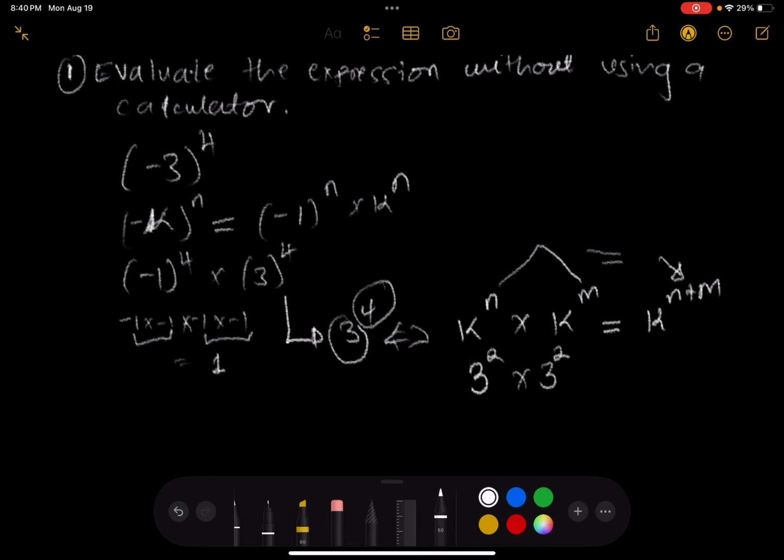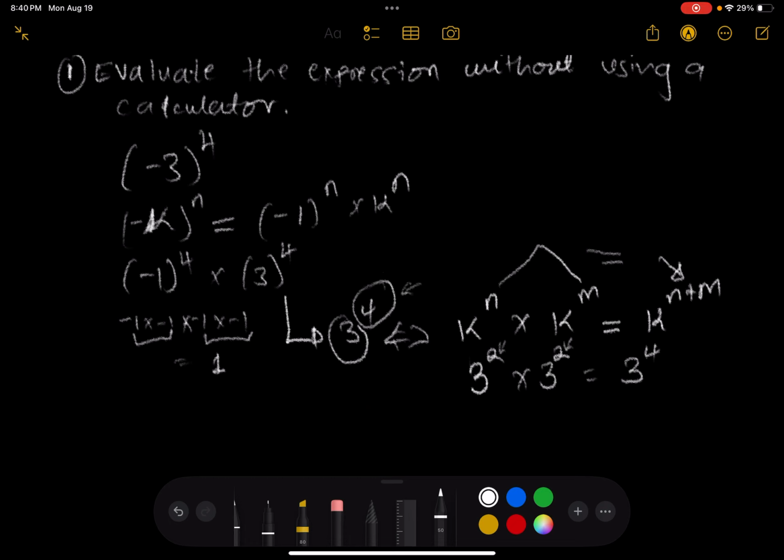So if I take this power and that power and add them up, they should give me the 3 to the 4 that I saw over here.